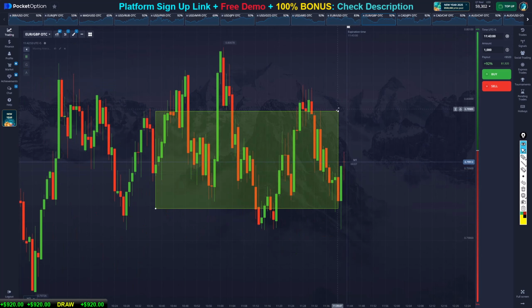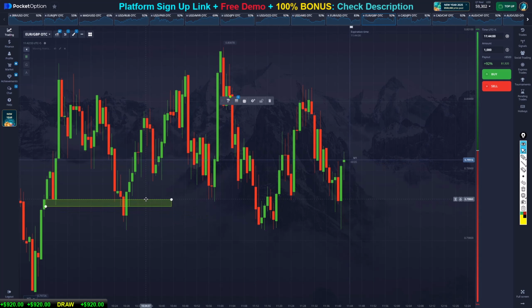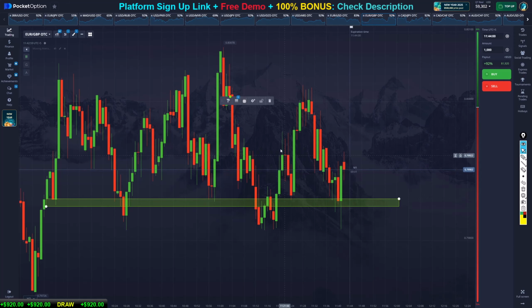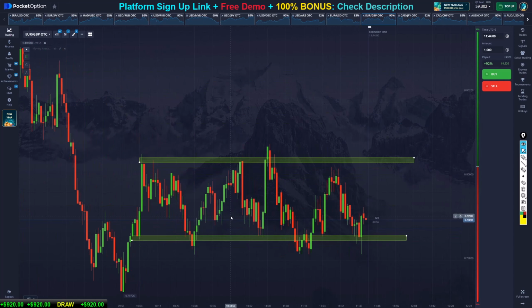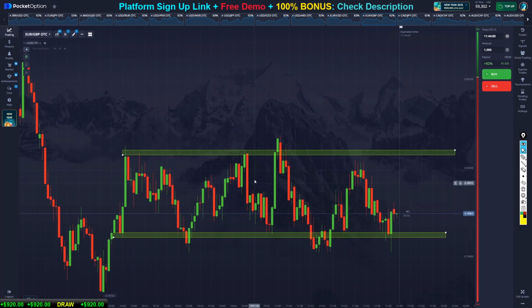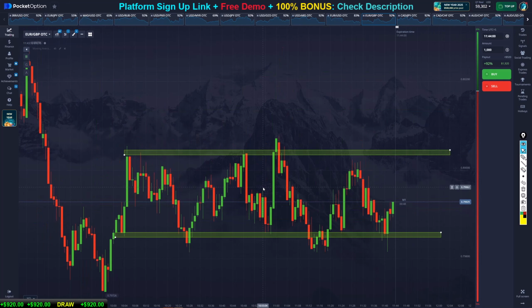Okay, so if I mark everything for you, if you have a ranging market, the moment it touches resistance or support, your preference should be going toward the next level, whether that's a resistance or support. For example, in this case, we are touching here, so our preference is taking buys until the resistance.